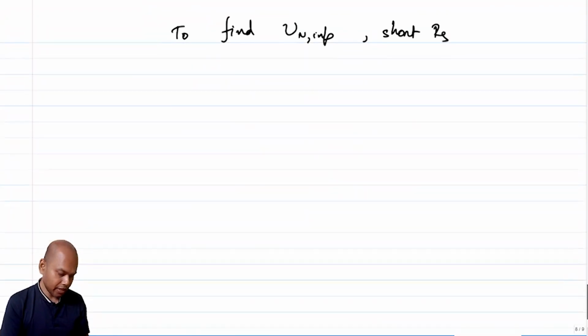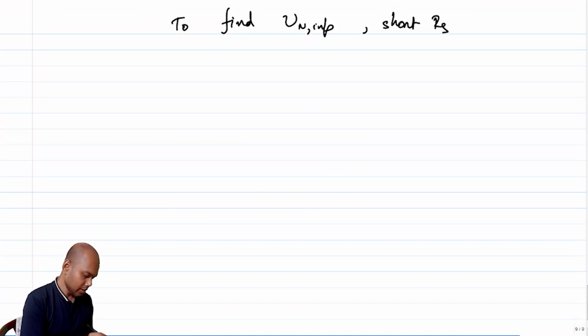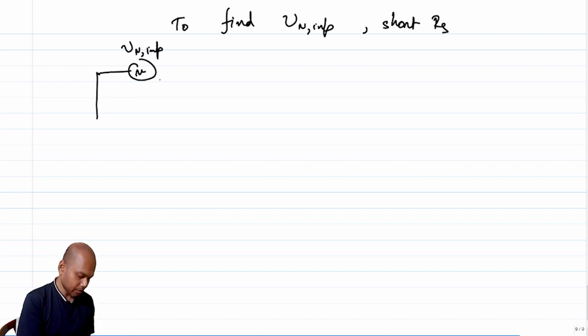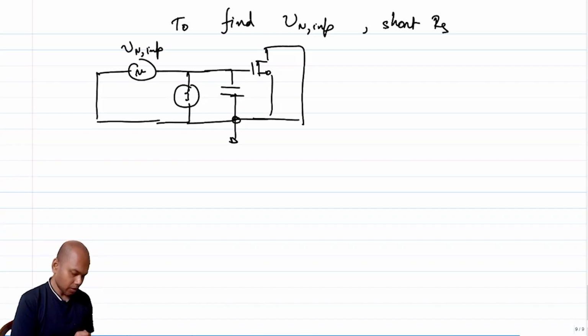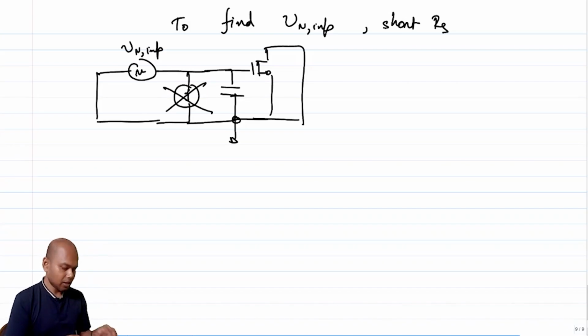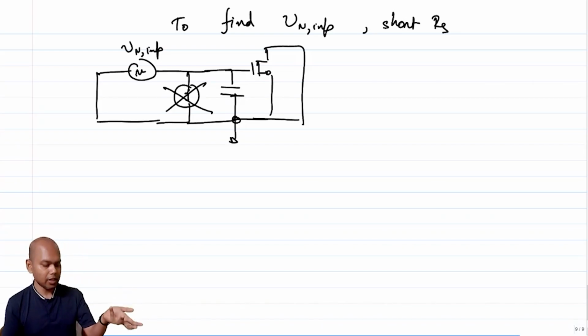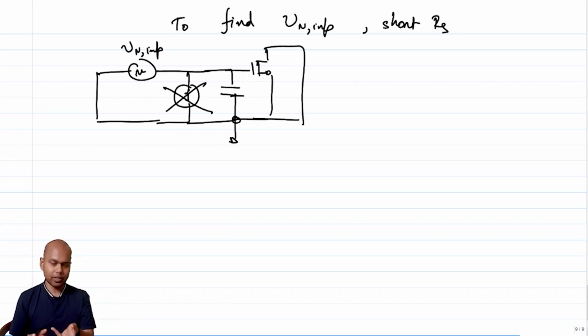So if I short Rs, then my equivalent noise model essentially becomes just Vn INP. The current source does not come into the picture at all, because incrementally it is not able to generate any voltage across VGS.